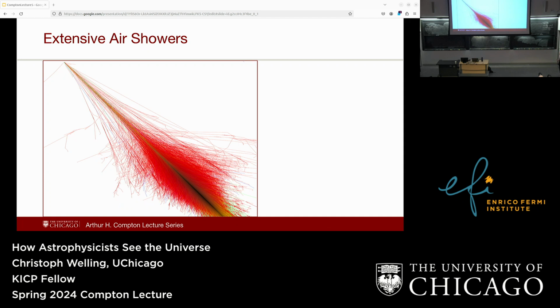Now, the nice thing about this is, if you want to detect this, because really what we want is to learn about this initial particle that caused all this, you don't actually need to detect every single particle here, right? You can just detect a few of them, realize that they're all coming at the same time, roughly from the same direction, and then you get a subsample of all the particles in the shower instead of measuring them all.